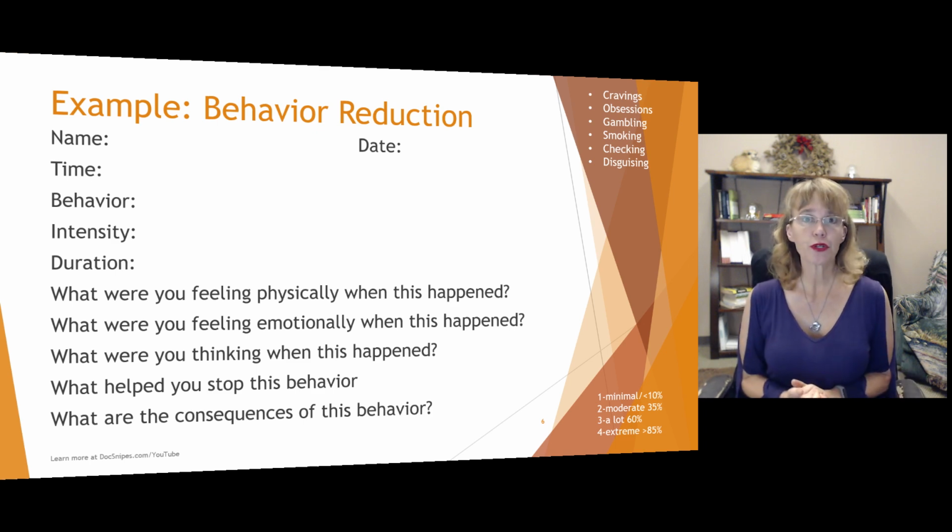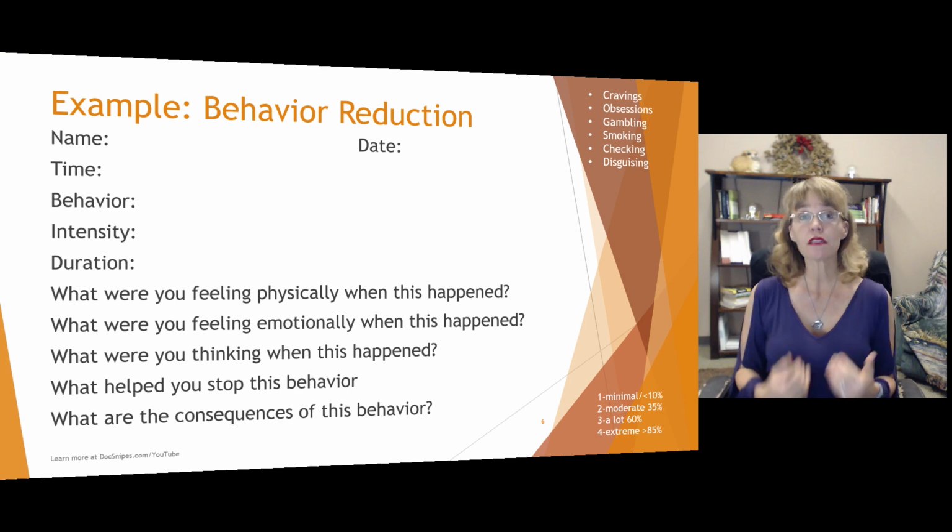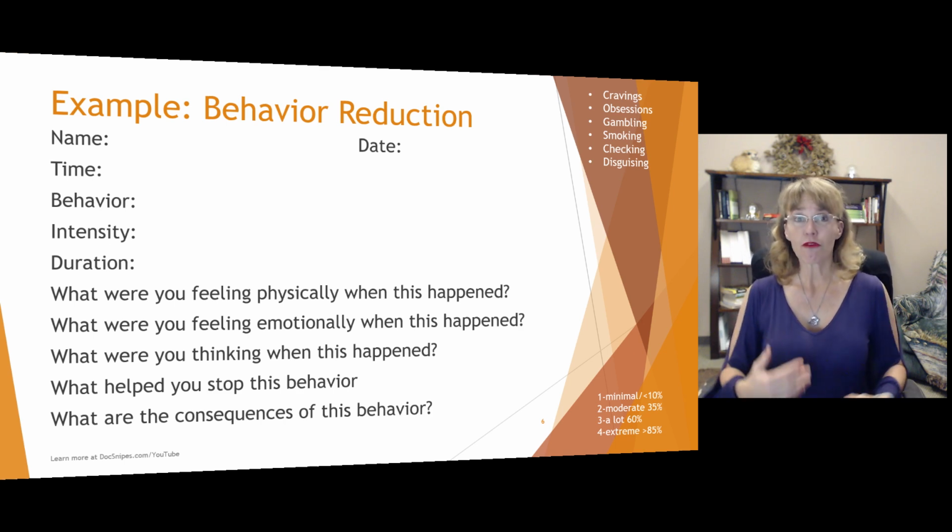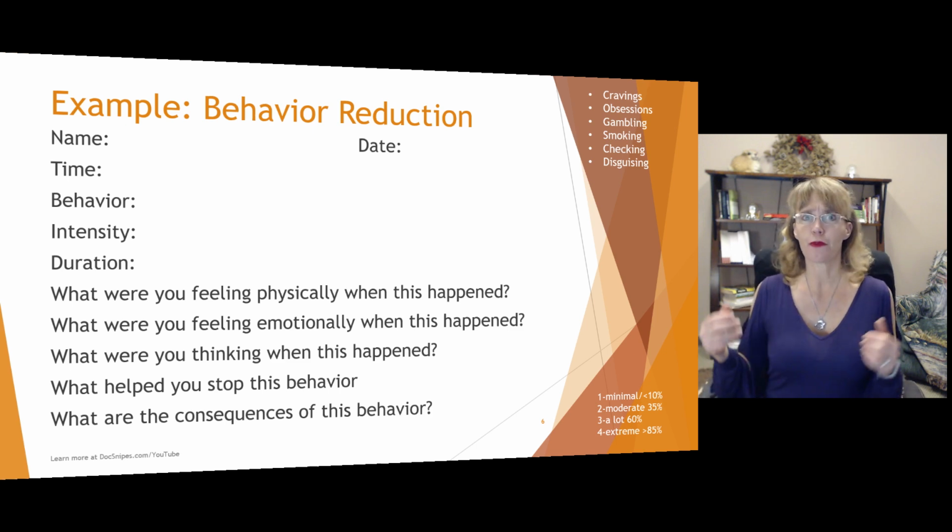For example, people who have high levels of anxiety, people who tend to have more obsessions, may find that when they drink a lot of caffeine, that amps up their stress response system, which triggers their obsessions and compulsions, their behavior.